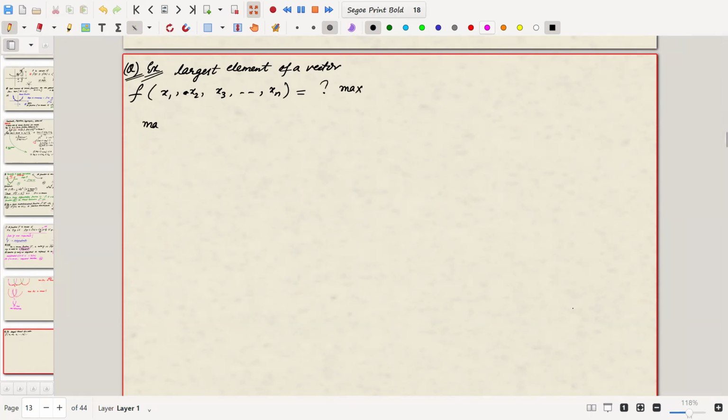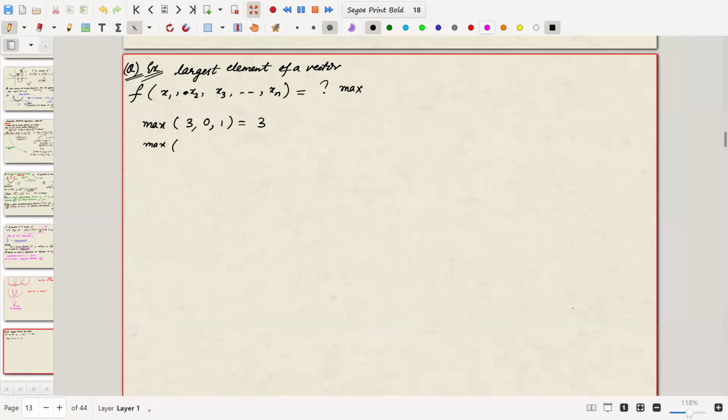Suppose, let us take an example, max of 3, 0, 1. It should be 3, because it's a 3-dimensional vector, and the max is the max of each of the vector elements.